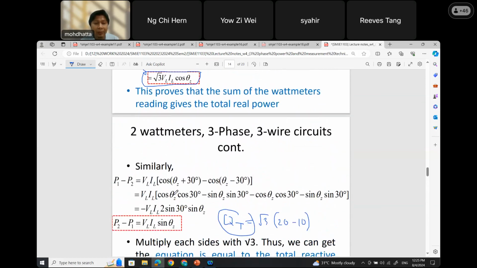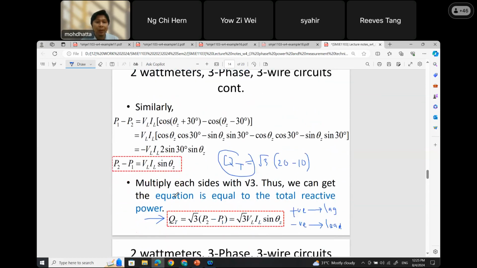If you use P1 minus P2, you will end up with negative VL IL 2 sine 30 degrees sine theta Z. So it's still not finished until you bring the negative sign over here, and by using the trigonometric identity, you know that this portion is basically sine theta Z.